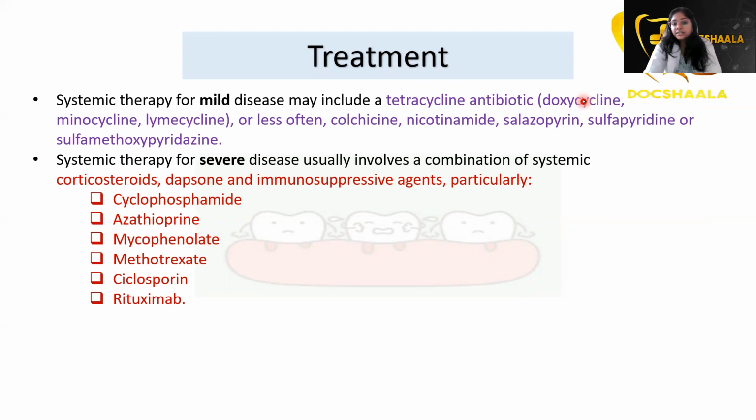For severe disease, we use a combination of systemic corticosteroids, dapsone, and immune suppressive agents like cyclophosphamide, azathioprine, mycophenolate, methotrexate, cyclosporin, and rituximab can be used. Okay, you can just remember a few of these names. It's not that important, but you have to know what we use.